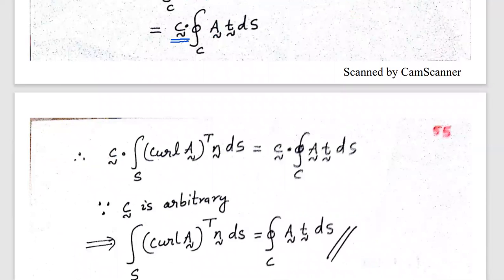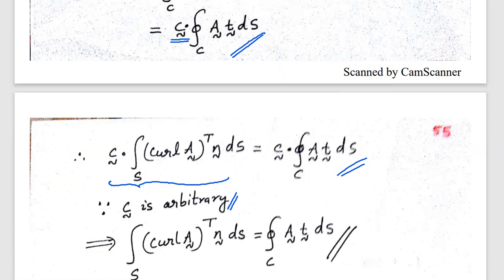Now, what is our LHS? Our LHS is this whole thing, c dot the surface integral we had, remember, that is equal to, what is our RHS? RHS is this, that is nothing but c dot line integral A T ds. Since c is arbitrary, or c is any constant vector defined on C and S, it should happen for all c.